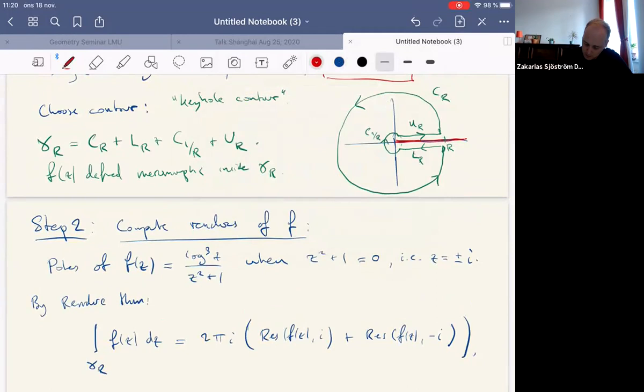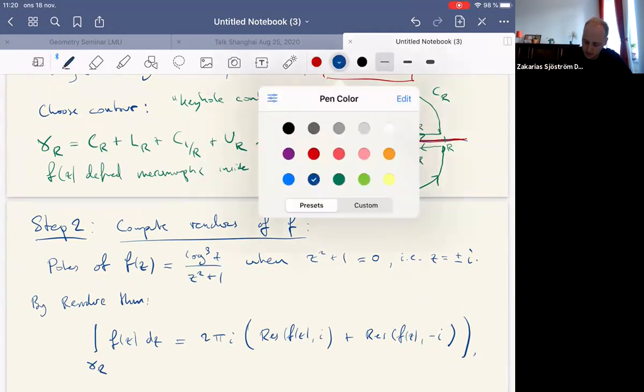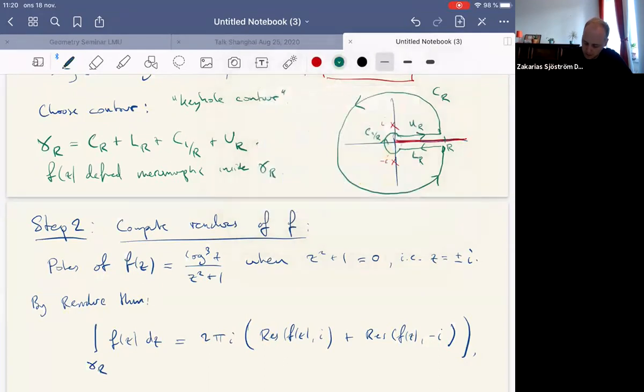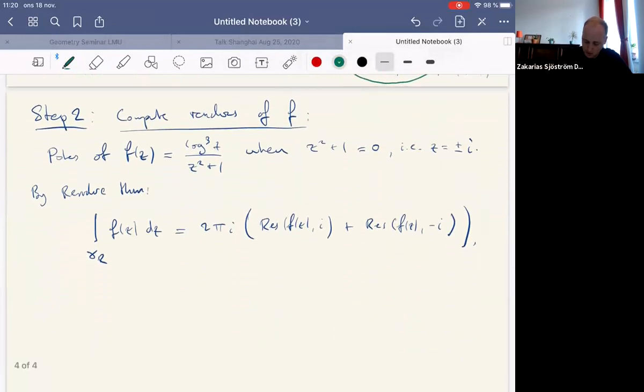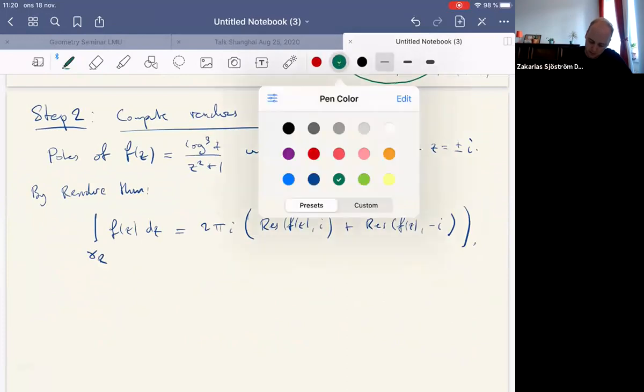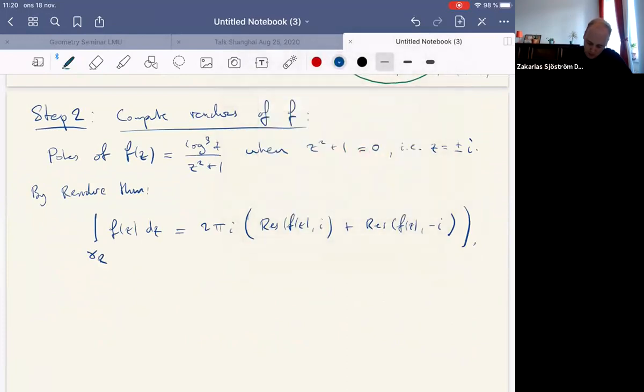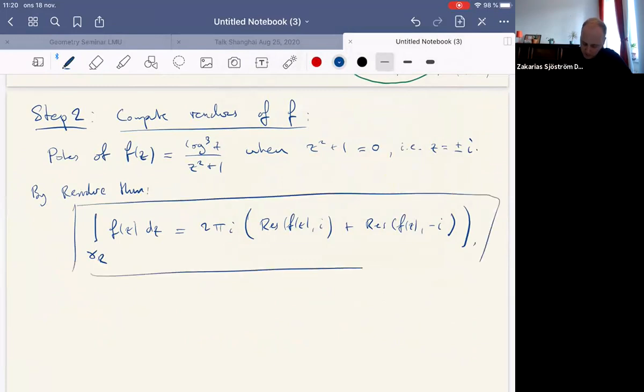Because R is, of course, large, even very large. R will tend to infinity.